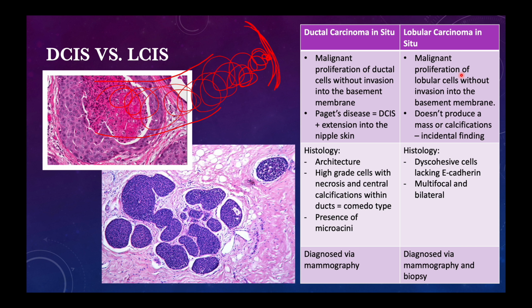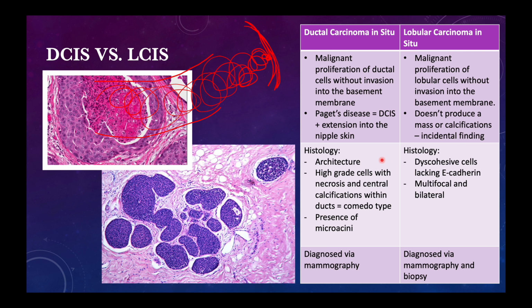These, on the other hand, do not actually produce any calcifications like DCIS does. See, you can't really see many calcifications here. And because it's within the lobules, it's really hard to actually find a mass. Sometimes it doesn't even produce a mass, and it's an incidental finding on a mammography.